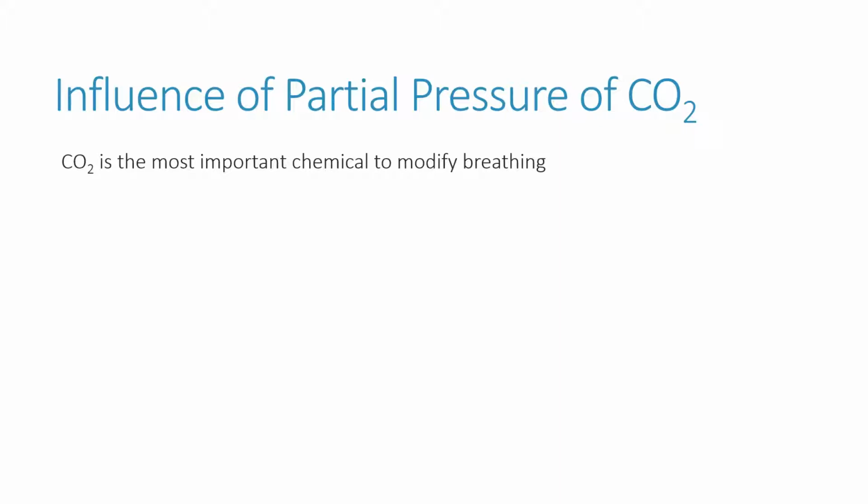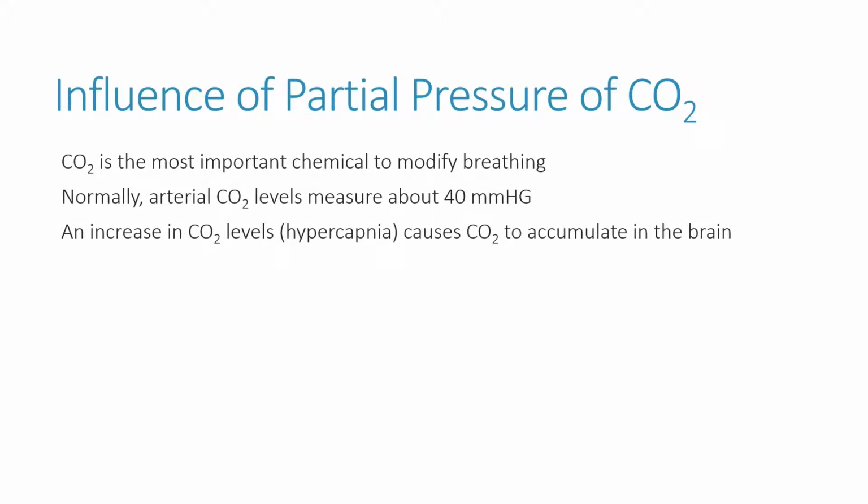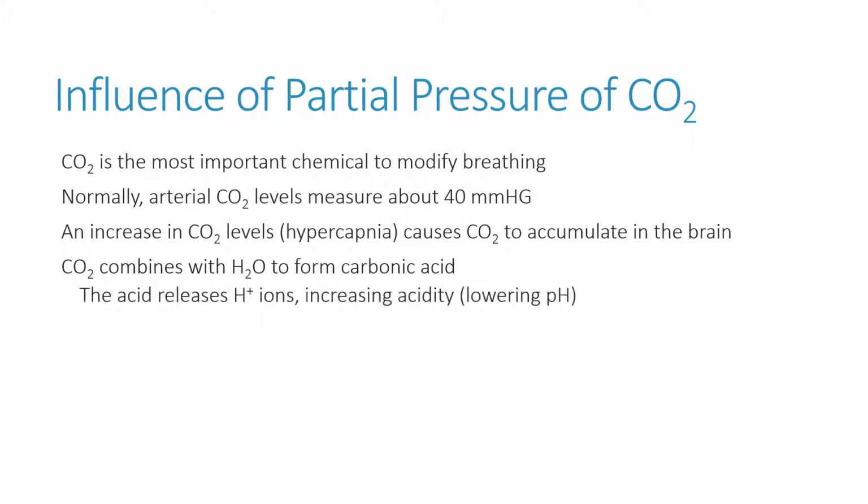Carbon dioxide level is the most important chemical modifier of breathing. Normally, arterial carbon dioxide levels measure about 40 millimeters of mercury. An increase in carbon dioxide levels, referred to as hypercapnia, causes carbon dioxide to accumulate in the brain. As that carbon dioxide accumulates, it combines with water to form carbonic acid.